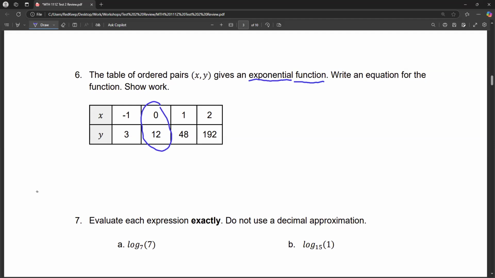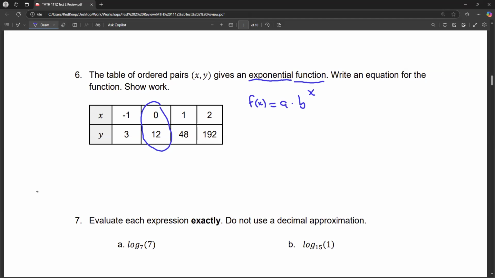Let me write down what the parent function of an exponential function, or what exponential functions look like in general. Something like this: y is equal to a times b to the x power. We could write f of x, maybe I'll do that to emphasize the idea that this is a function, whatever you choose to do, though.